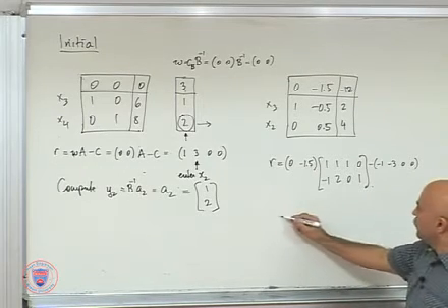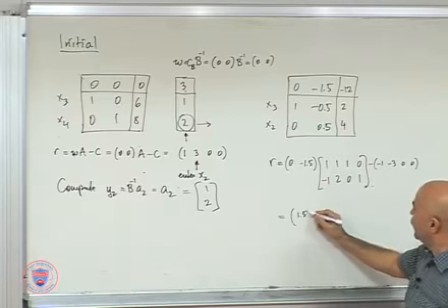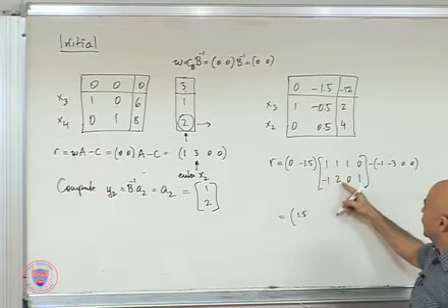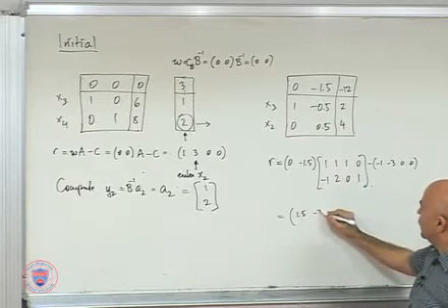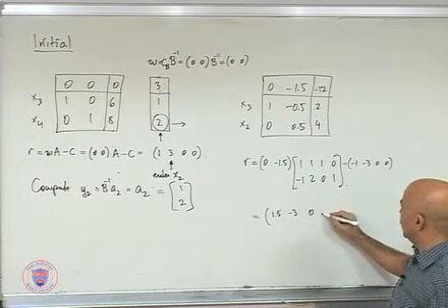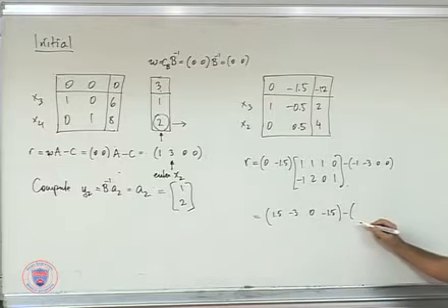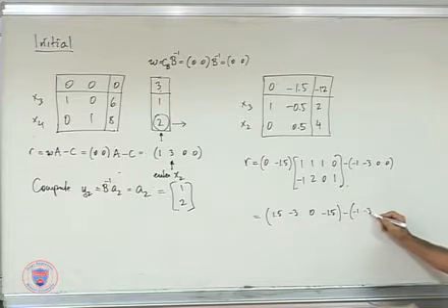And that will give you 1.5, minus 3, 0, minus 1.5, minus 1, minus 3, 0, 0.